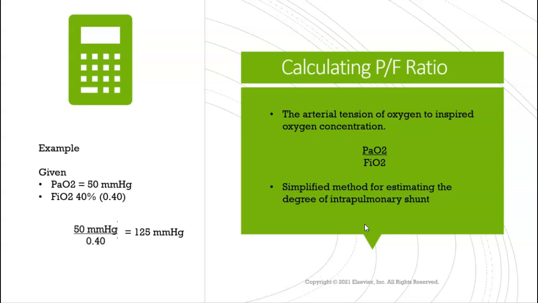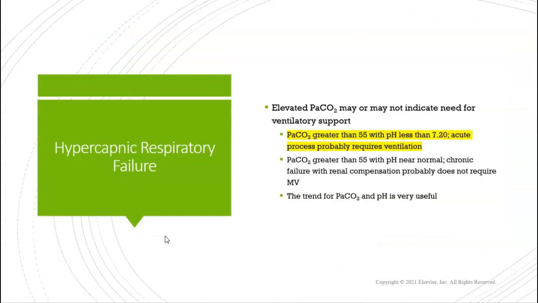So if I gave you a PaO2 of 50 and an FiO2 of 40%, you're going to take that 50, divide it by 0.4, and that gets you 150 millimeters of mercury, which is less than 200, indicating that the patient is in that hypoxic respiratory failure.